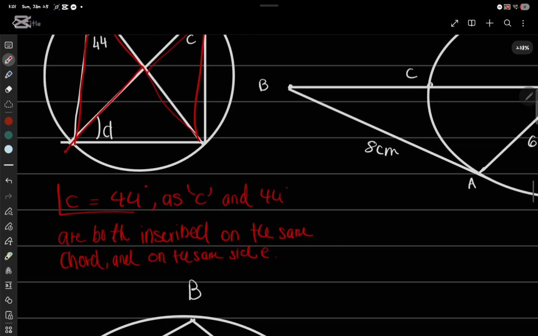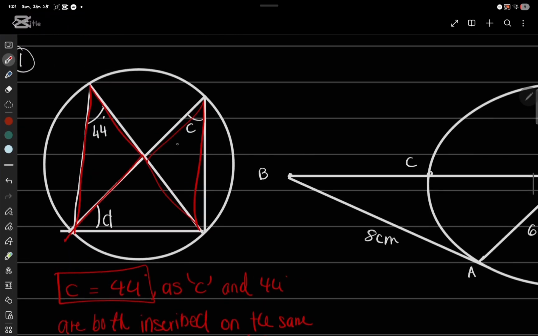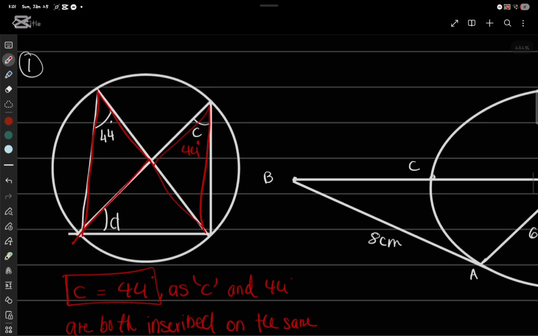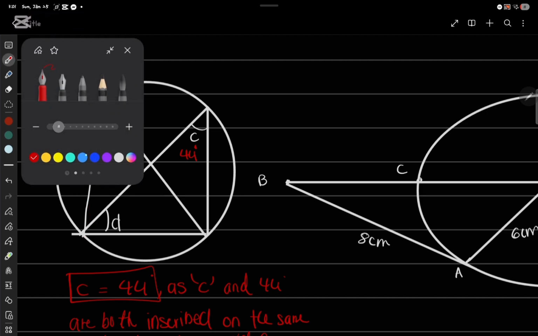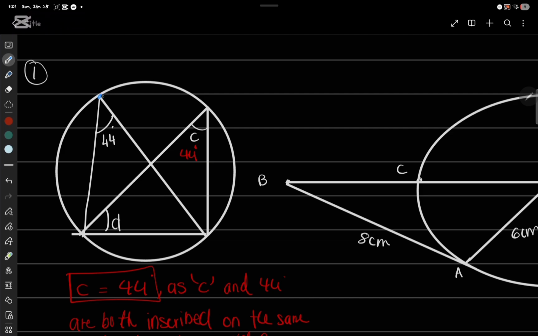So you got C equals 44, and then we have C equals 44 there. But now, to solve for D, very important, there's another property that you must use. And I hope you guys see it: cyclic quadrilateral. All 4 endpoints are on the circumference of a circle, hence it is a cyclic quadrilateral.